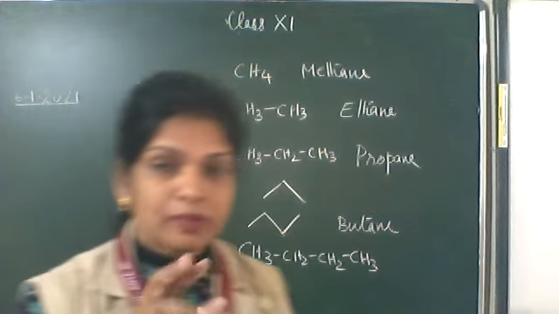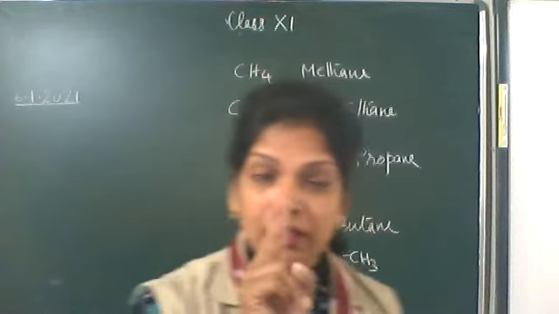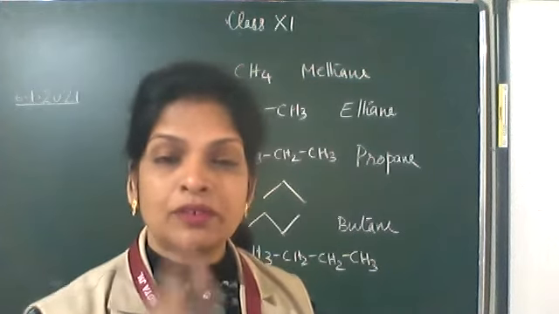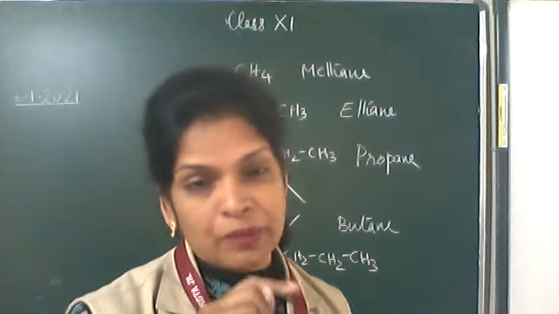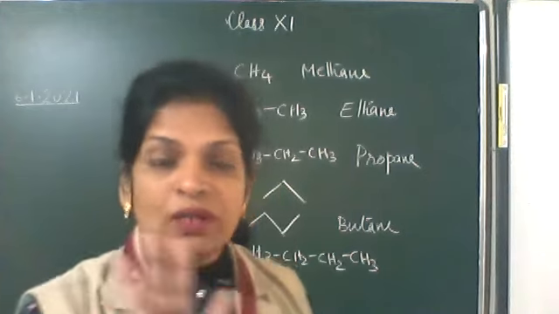So a triple bond means one sigma bond and two pi bonds. A double bond means one sigma bond and one pi bond. A single bond means only one sigma bond.